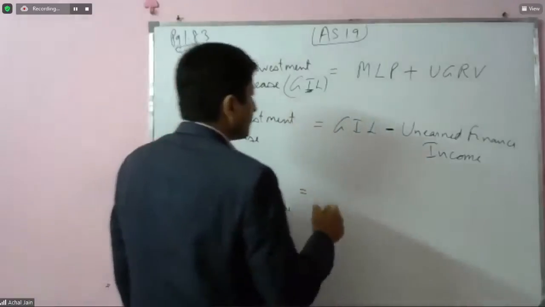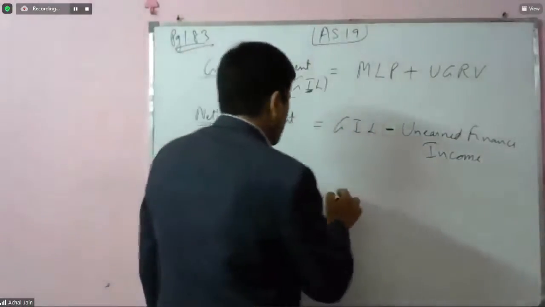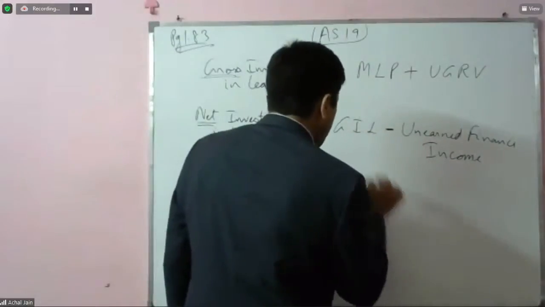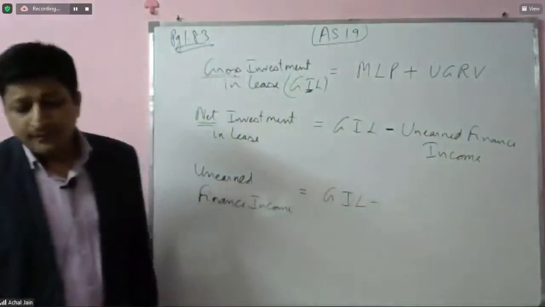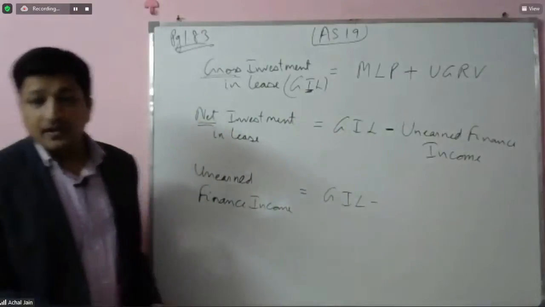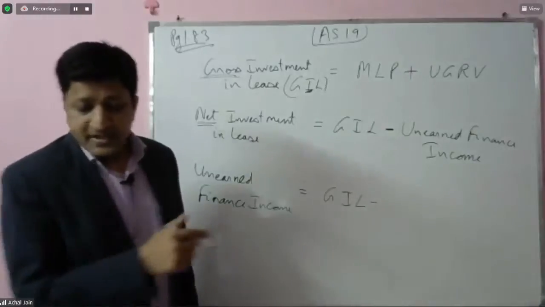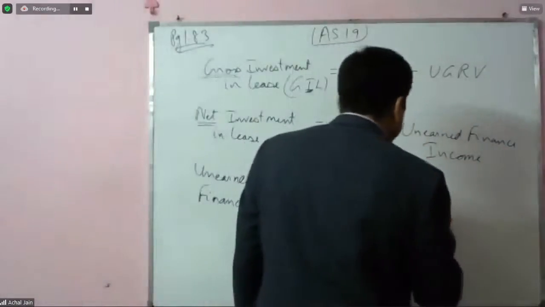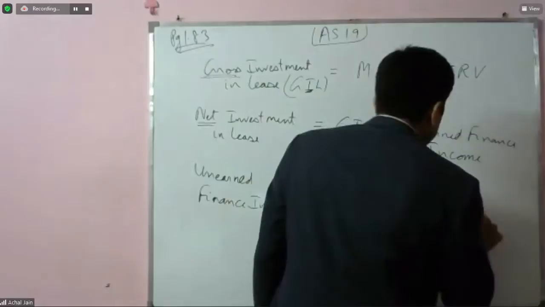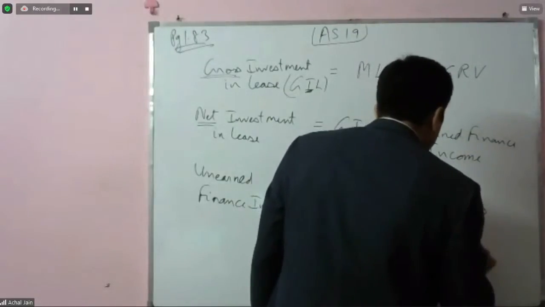What do we do? We will first of all reduce from this gross investment in lease the unearned finance income, which is present value of MLP plus present value of UGR.